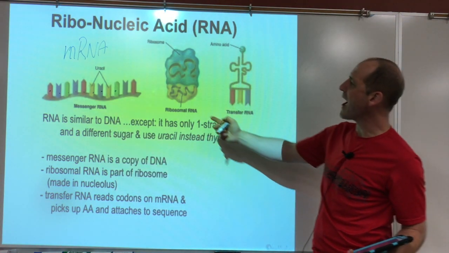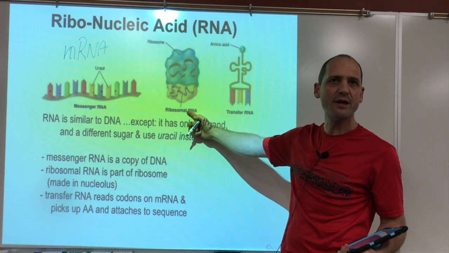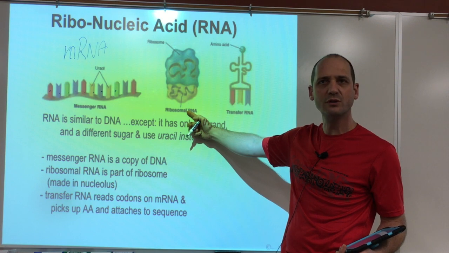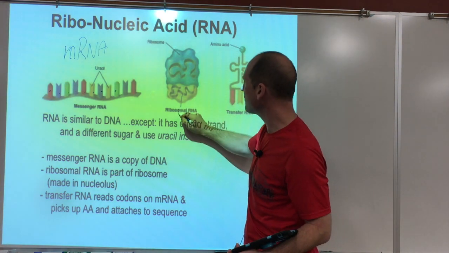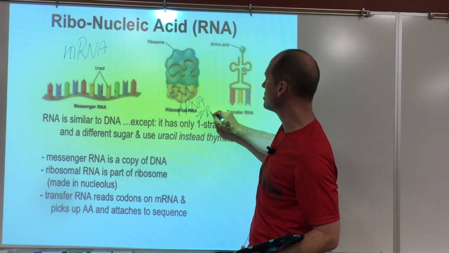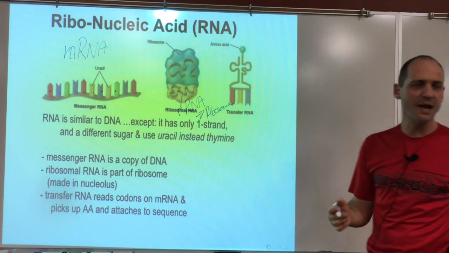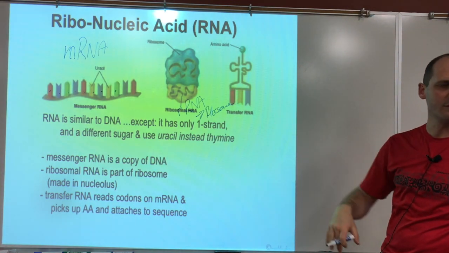We also have the ribosome itself, which also contains RNA, ribosomal RNA. That's the one that they make in the nucleus. So they say this is rRNA. I think of that as the ribosome itself, since it's part of the ribosome already. That way I keep them separate. I know which one's what.